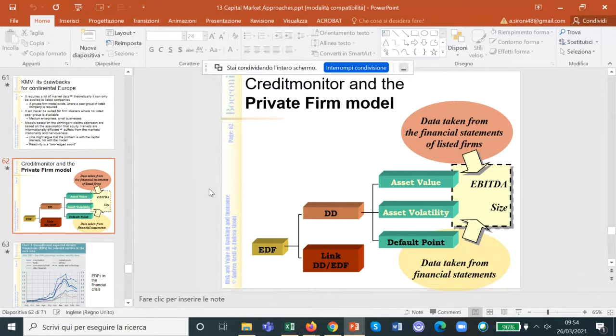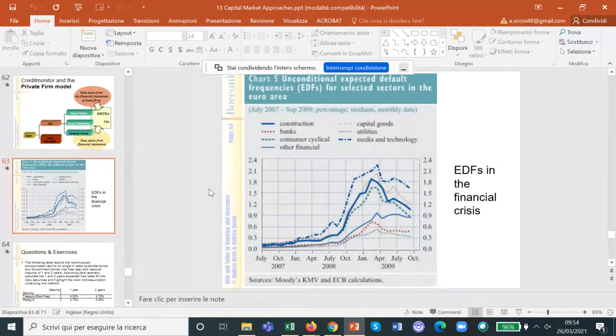But of course, I must admit that it is not working so well. And in practice, the KMV model is very much used for large borrowers, for large corporates, especially for bond portfolios. It's not very much used for SMEs, for small companies, okay?